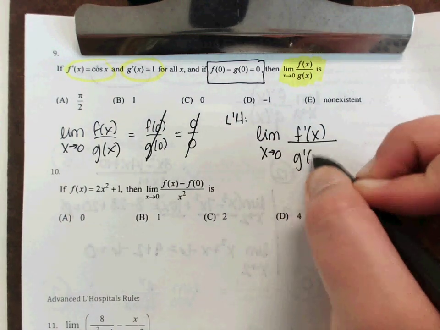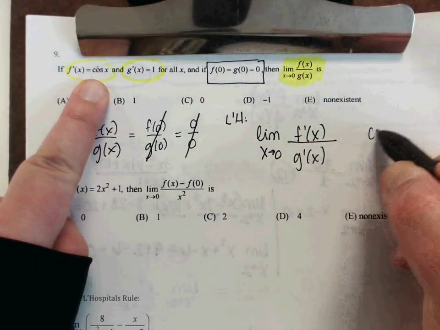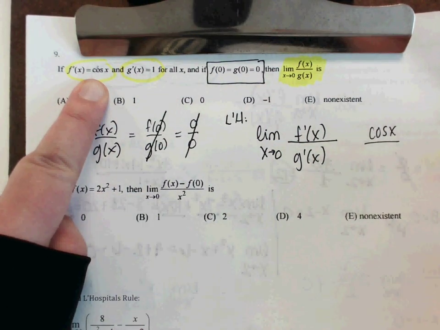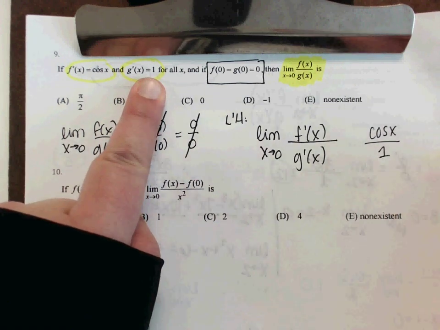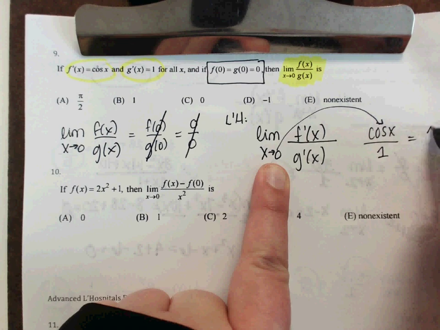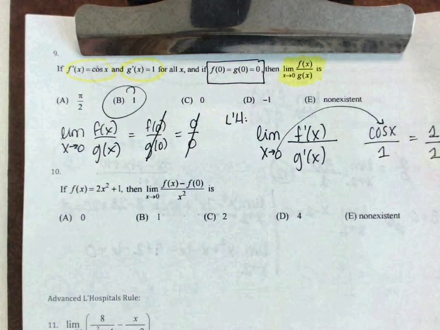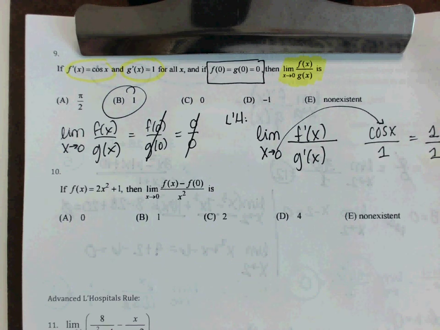G prime. And now look at what they told you at the very beginning. What's f prime the same as? Cosine x. What's g prime the same as? 1. And then what's x approaching? 0. Plug it in. Cosine of 0 is 1 over 1, which is 1. The answer is B.